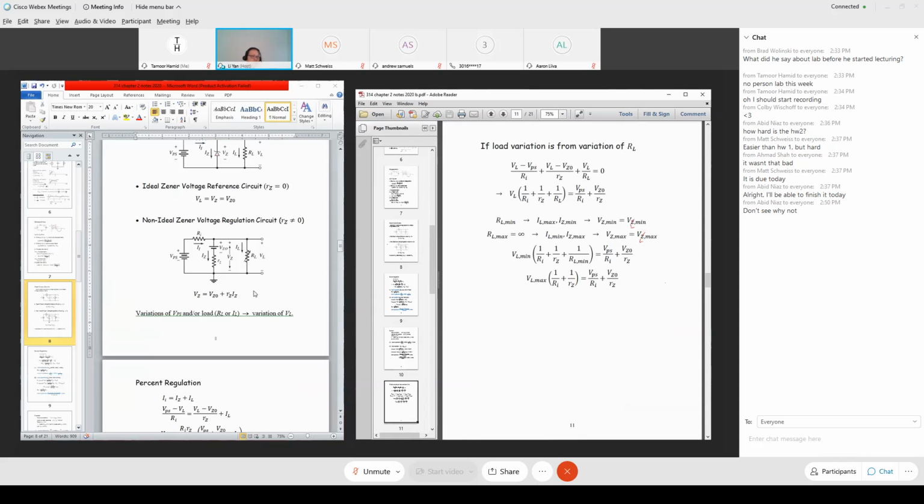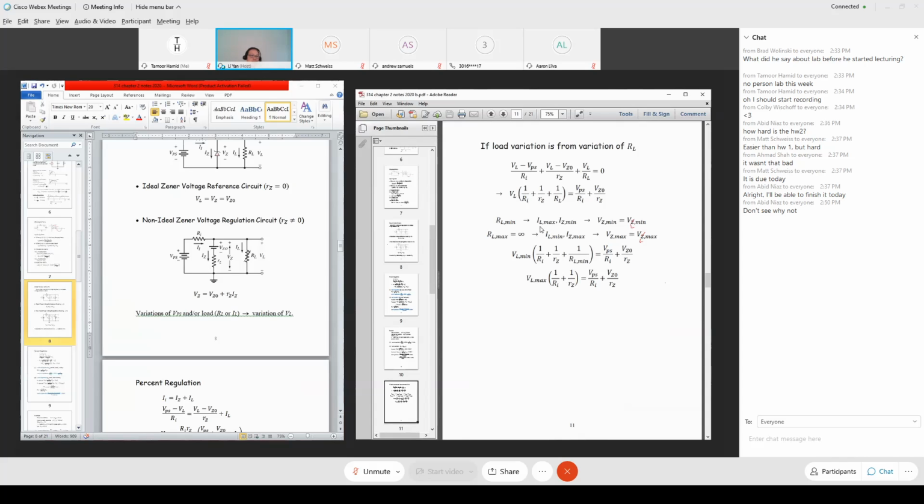So you look into this circuit here. If the load resistance is minimum, it means what? It draws the maximum amount of load current. If you draw the maximum amount of load current, then the current we can deliver into the Zener diode, IZ, will be reduced.